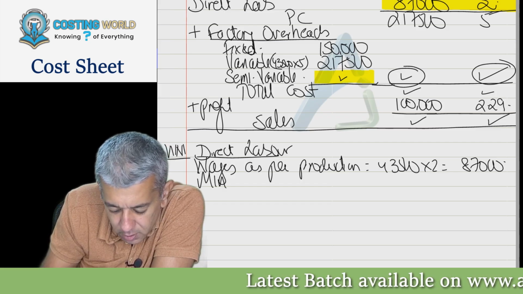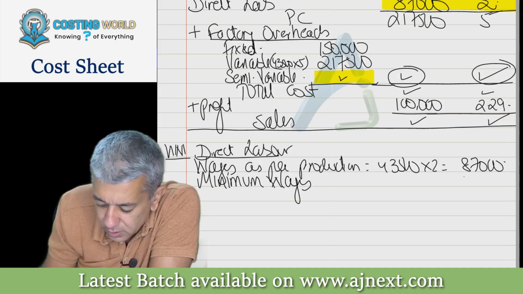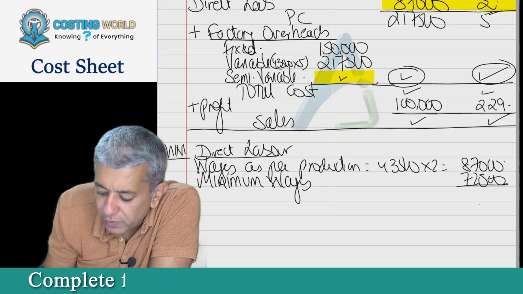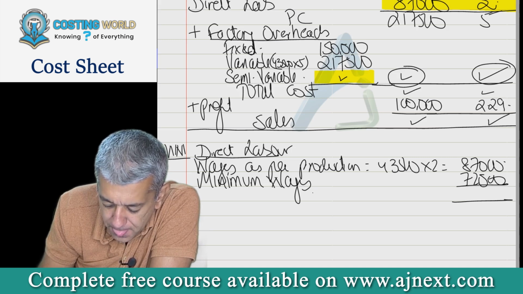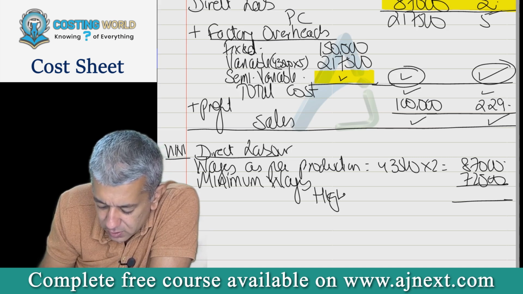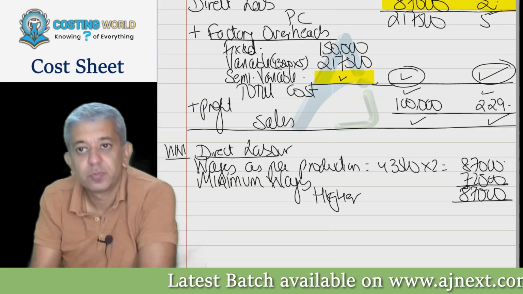Minimum wages: 72,000. Do we add both of them? Whichever is higher. So higher is going to be 87,000.